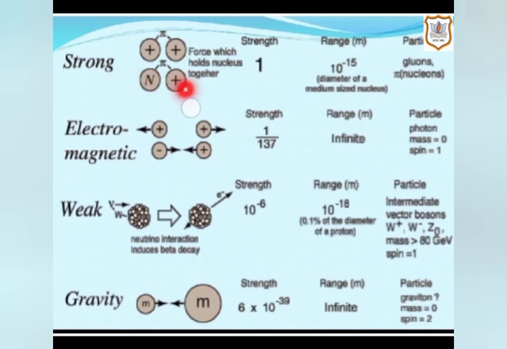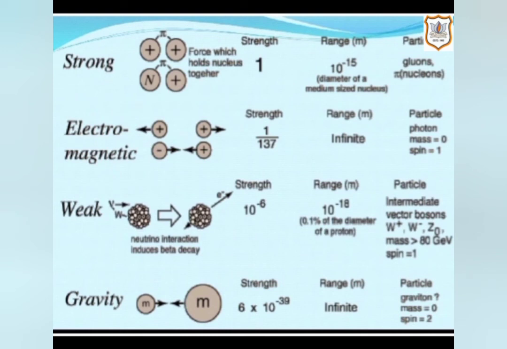The strong force which binds the nucleus together is the strongest force and its strength is taken as 1, and the range up to which it can act is 10 raised to minus 15 because the size of the nucleus is small. So it is called a short range force and it can act between protons and neutrons, and this force is also called a quark force.